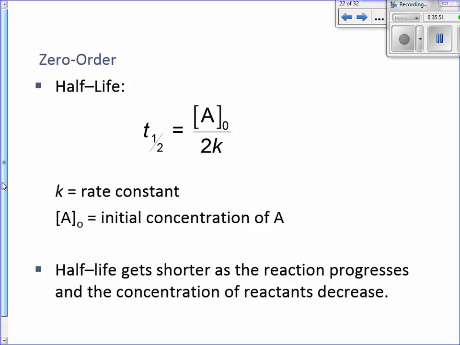So now instead of second order where it was doubling, now it would go from like 10 to 5 to 2.5 and so forth. It would start decreasing. So those intervals become smaller in time.